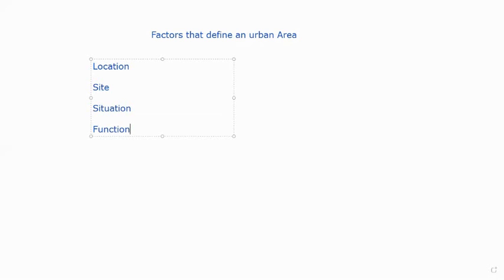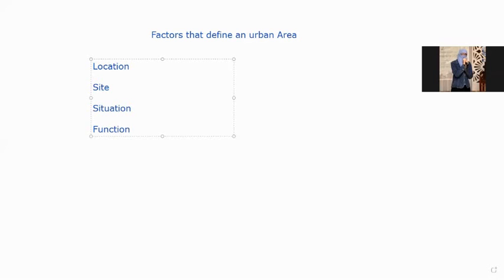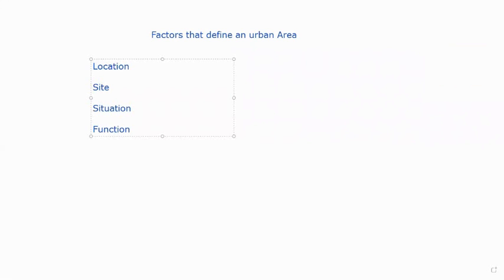an urban area. So if we talk about location, an urban area must be located near good transportation facility, like it must be located along any river or along any coast.